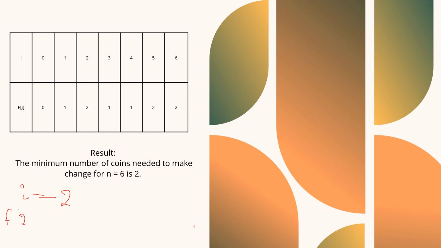So f of 2 can be written as f of 2 minus 1 plus 1, which is the formula.